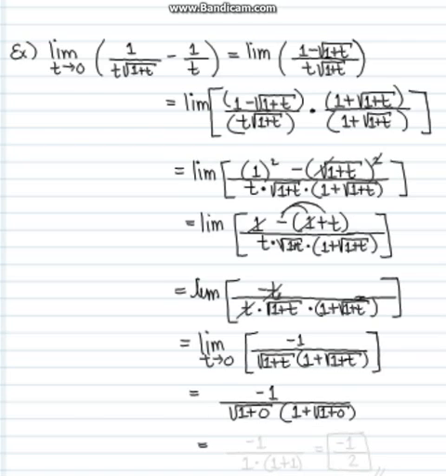And we simplify that. That's negative 1 on the top. On the bottom we have the square root of 1, that's 1, times 1 plus the square root of 1, which is 1. And that is equal to negative 1 over 1 times 2 is 2. The answer is negative 1/2.